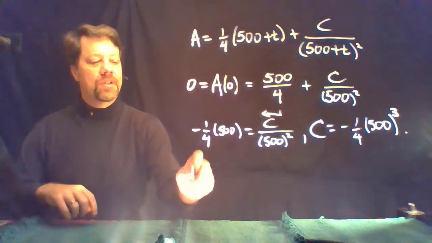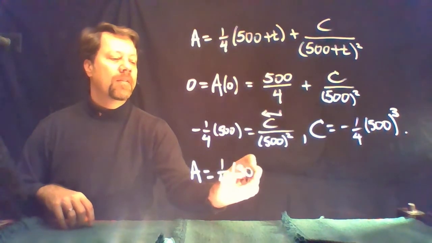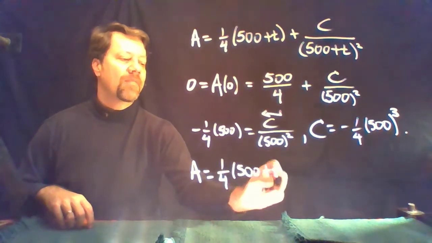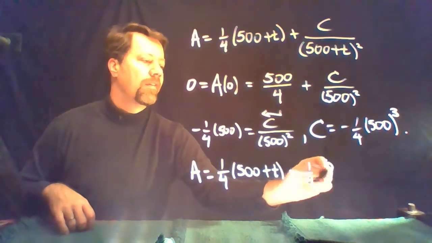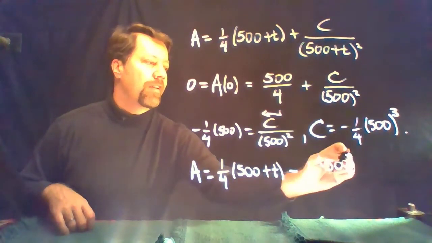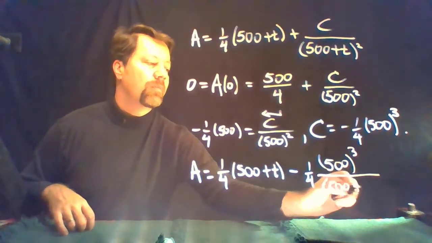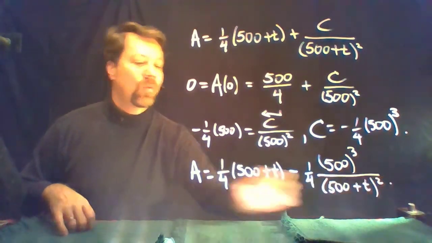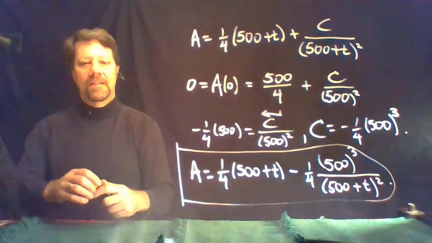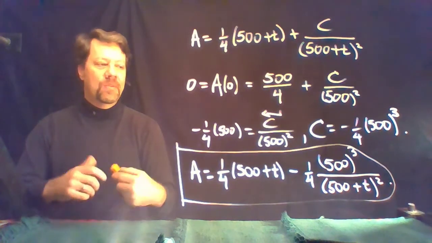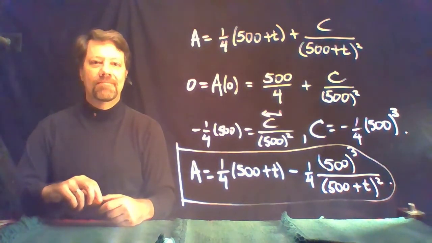This gives the solution A equals 1/4 (500 plus t) minus 1/4 times 500 cubed divided by (500 plus t) quantity squared. In this particular instance, we don't have data to compare this to, so we're going to leave it at this.